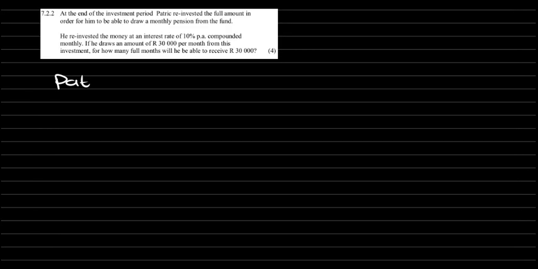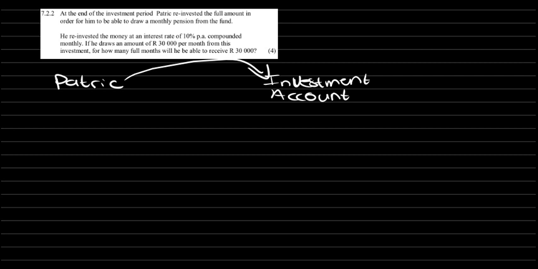Okay, so firstly, what has been happening is that Patrick was over here and the investment account was over here, and he was putting money into this account on a regular basis at 10,000 Rand for 9.5 years or 114 months.